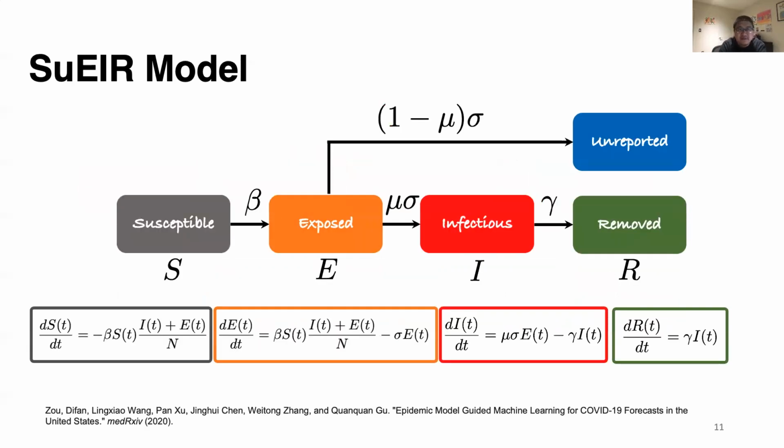The researchers from UCLA further extend this SEIR model to account for the unreported cases, where the exposed compartment is considered as individuals who have already been infected but have not been tested, because after you test, you get the knowledge on whether you are infectious or not.